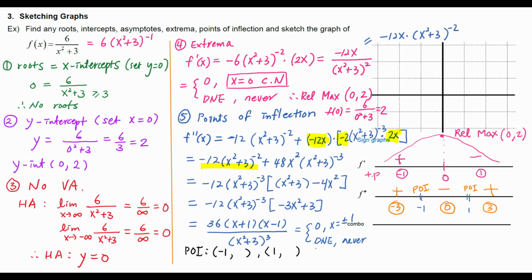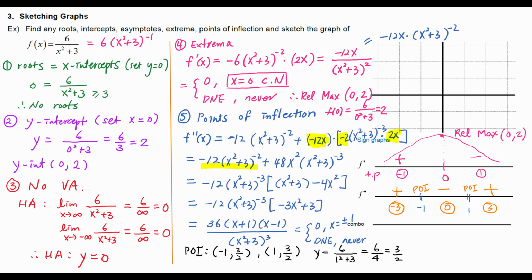So I can just calculate it for 1 and use it for both y coordinates. So y equals 6 over 1 squared plus 3, which equals 6 over 4, which is 3 over 2. So the 2 points of inflection are negative 1 comma 3 over 2 and 1 comma 3 over 2.